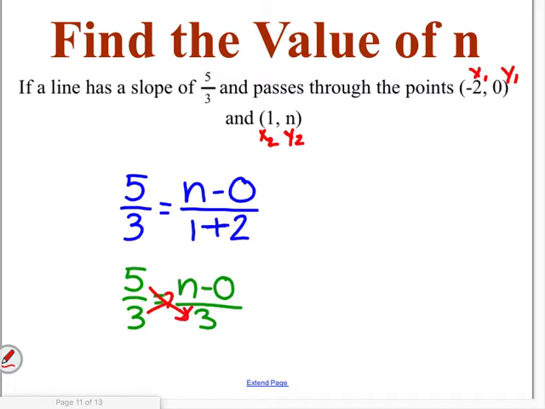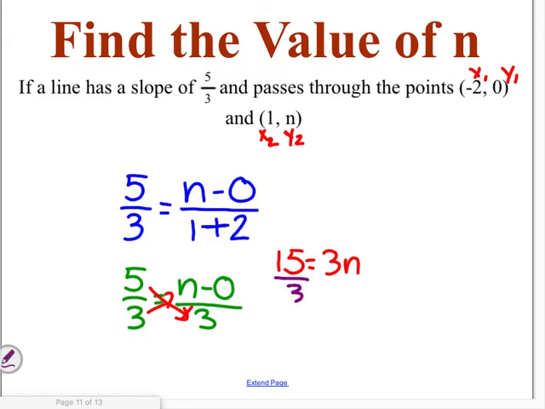So I would get 5 times 3, which is 15, is equal to, in parentheses, 3n minus 0. Again, since it's -0, it really doesn't matter, and we could just say 3n. But for other problems in your homework, you are going to need to use those parentheses and be able to do the distributive property in order to solve the problem.